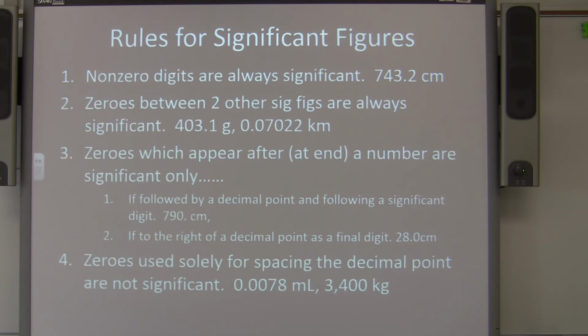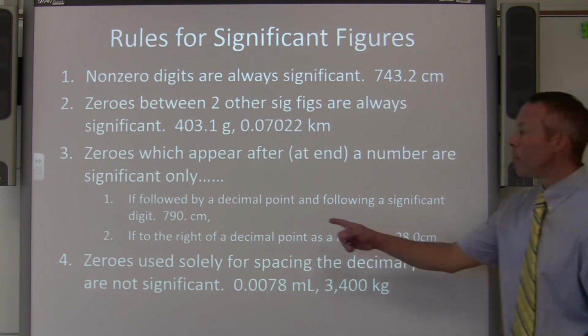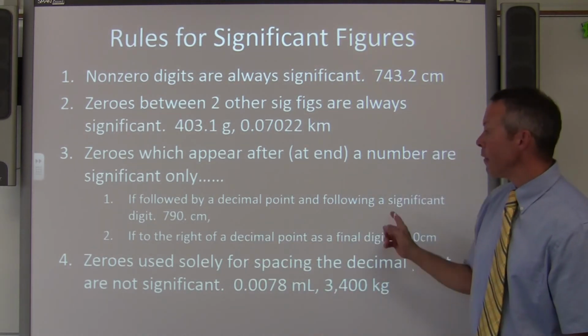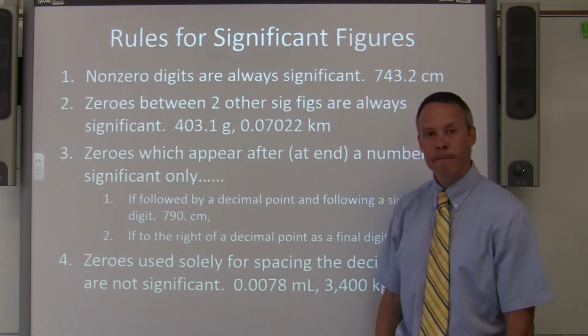Rule number 3. This is for zeros that appear at the end of a number. They're kind of trailing. They are going to be significant under 2 conditions. Condition number 1, the zeros at the end are significant if they're followed by a decimal point and they're following a significant digit.